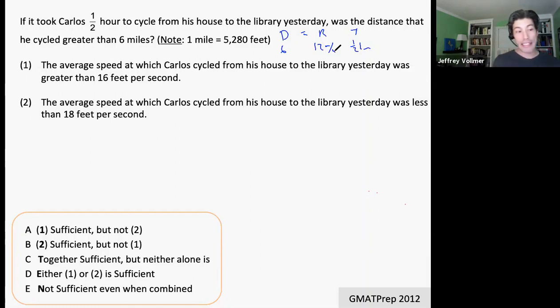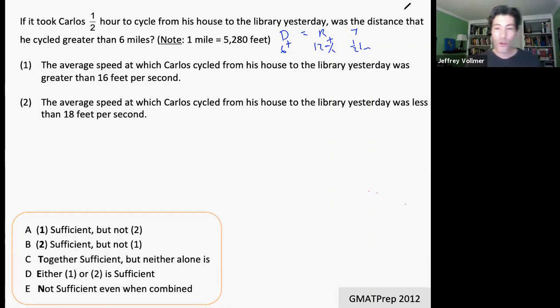The question here is, did he cycle greater than 6 miles? And if I increased the distance over here to something above 6, what that does now, with the half hour anchored, is it would increase the rate to something above 12 miles an hour.